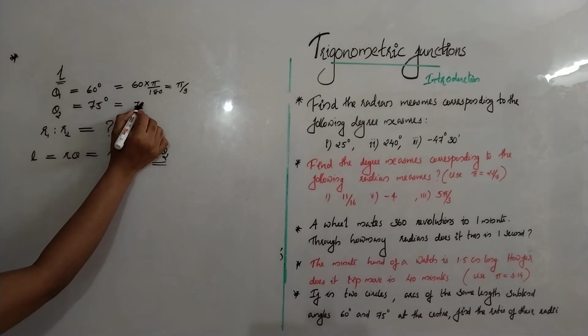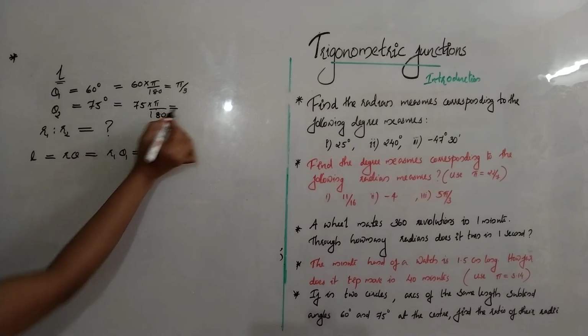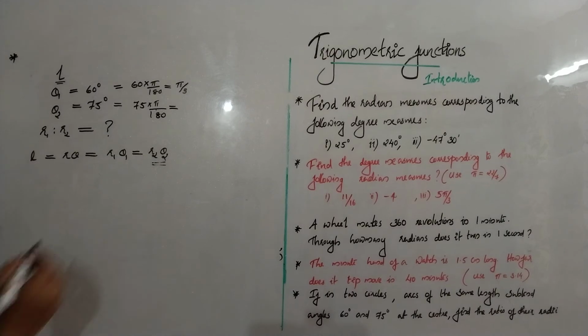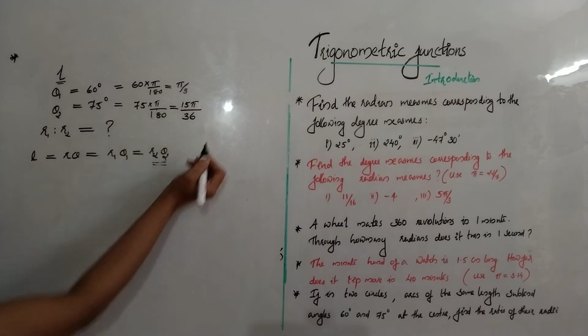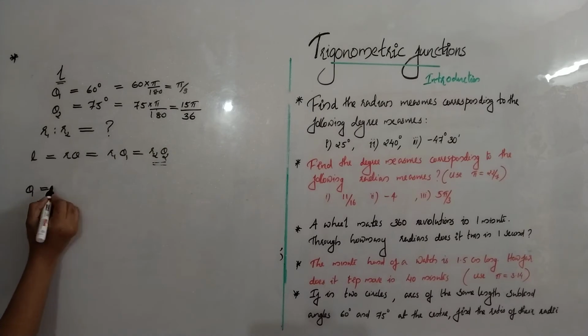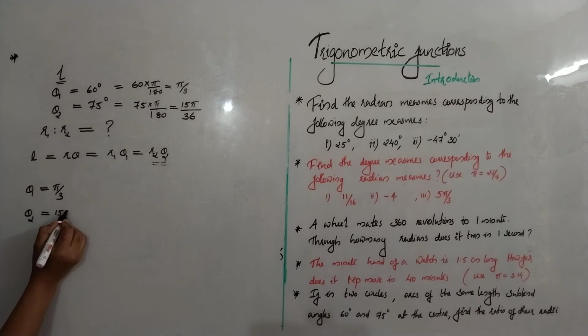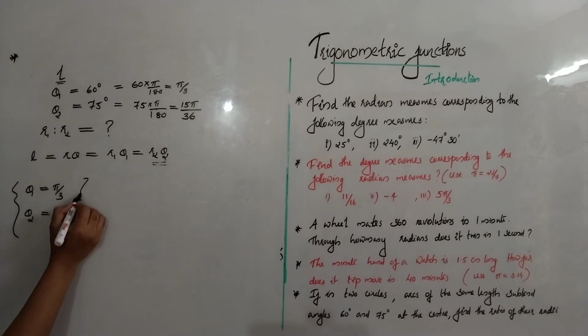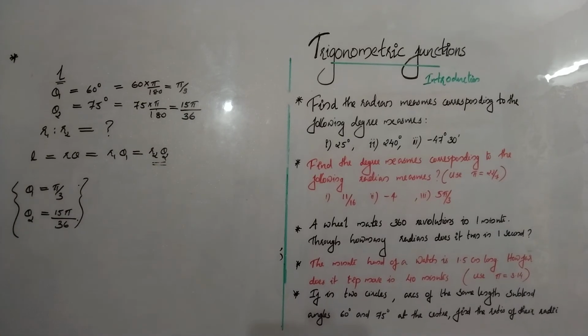Here 75 into pi divided by 180 is equal to 15 pi/36. So theta 1 is equal to pi/3 and theta 2 is equal to 15 pi by 36. These are the radian values corresponding to 60 and 75.